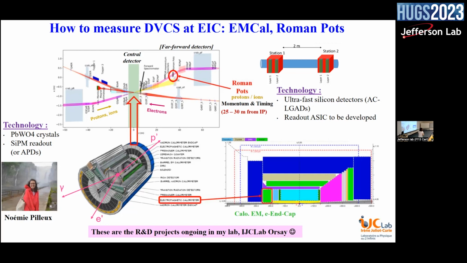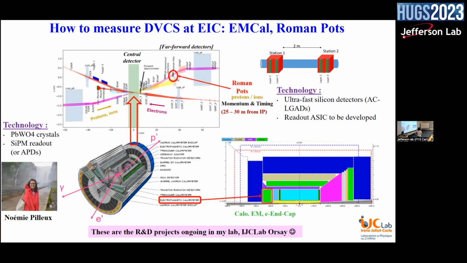So in order to allow this sort of measurement, in my team there is intensive R&D work ongoing, at the level of the calorimeter that will allow us to detect the electron and the photon, the electromagnetic calorimeter. And you see here, again, the future famous scientist, Noemi, who is also working, as half of her PhD, on the R&D for the readout of the PbWO4 calorimeter, lead tungstate calorimeter for the electromagnetic endcap.